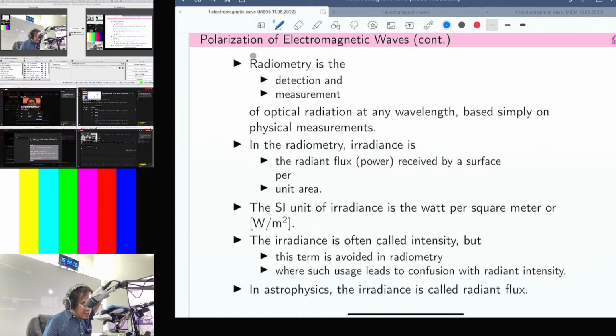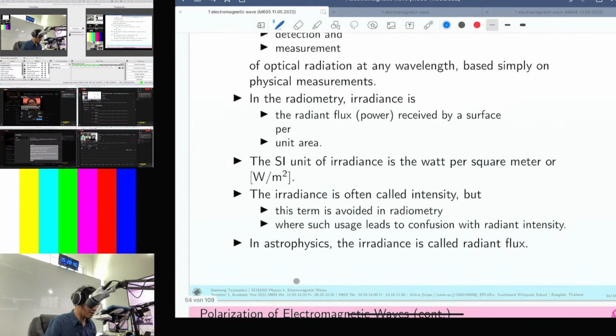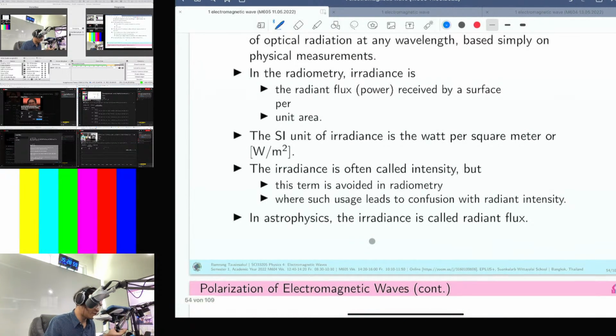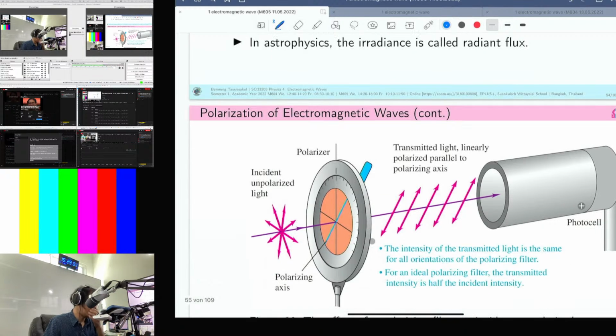In radiometry, if you say intensity for watt per square meter, they are going to get confused. That's why they use irradiance, but irradiance is equivalent to intensity for us in this subject at the high school level. In astrophysics, irradiance is called radiant flux. But anyway, it's similar to intensity for us here at the high school level.